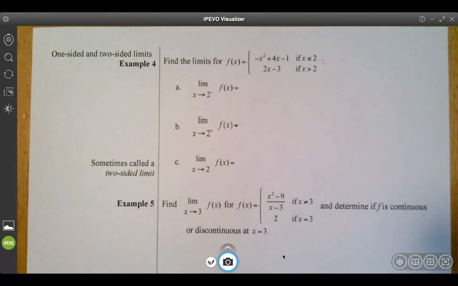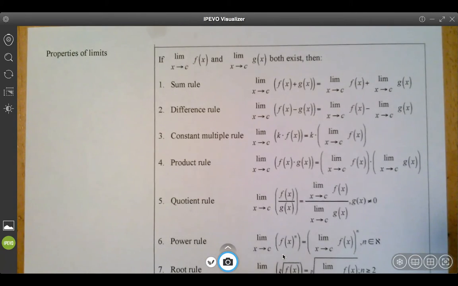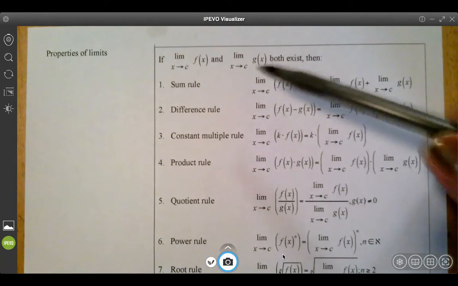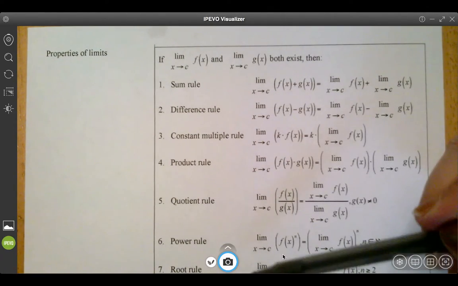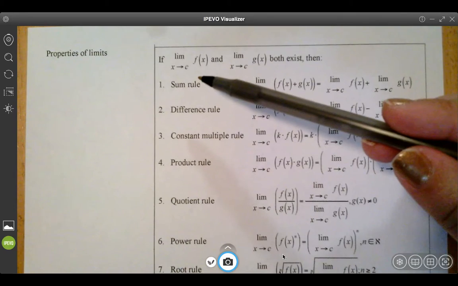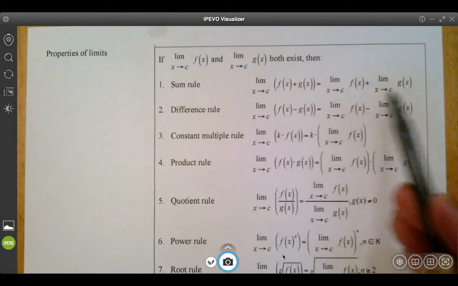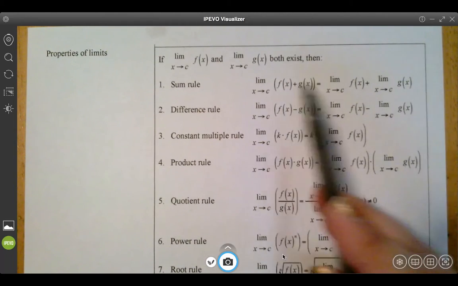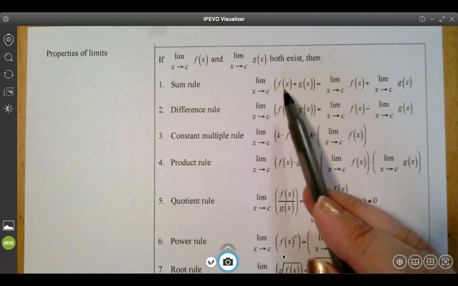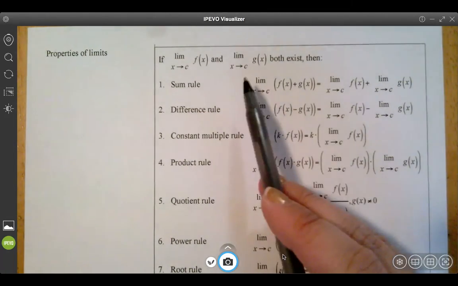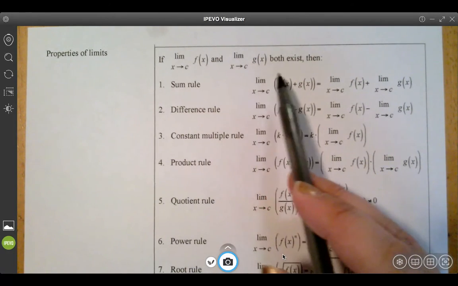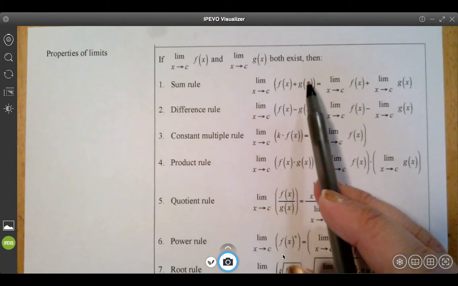So here we're actually calculating some limits, okay? One-sided and two-sided limits. Sorry, that was the wrong page. Here we go. Definitions of some of these properties. So with limits, we have the sum rule, meaning if I add two functions together, I can separate them. So if I had the limit as x approaches c of x squared plus x, I could take each limit separately, the limit of x squared and the limit of x.